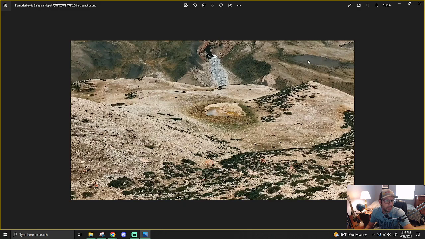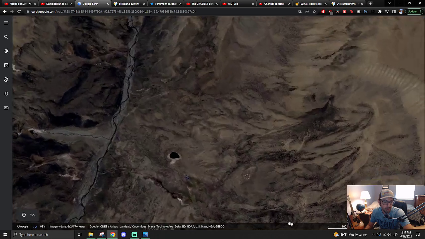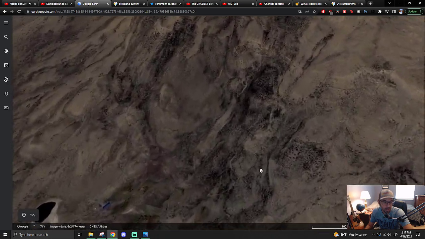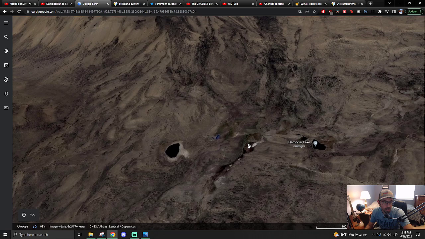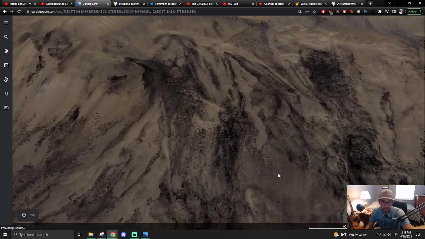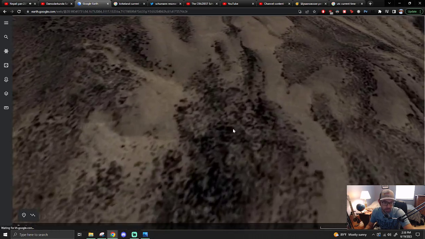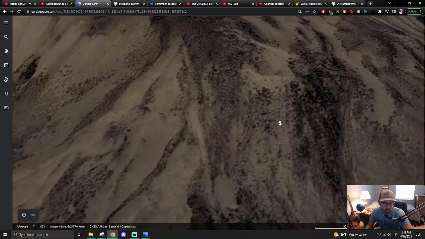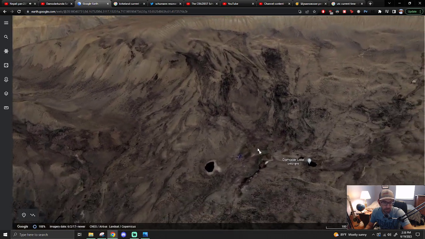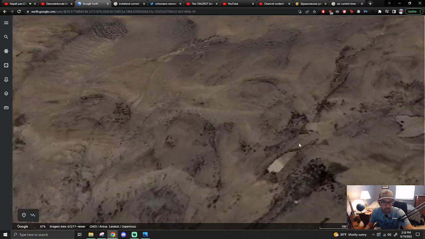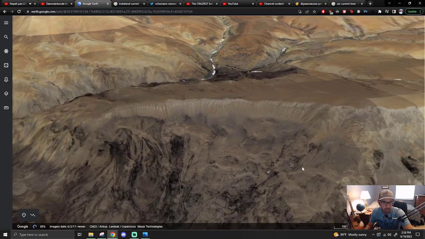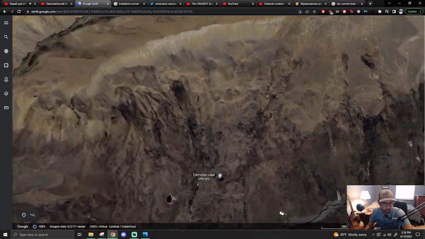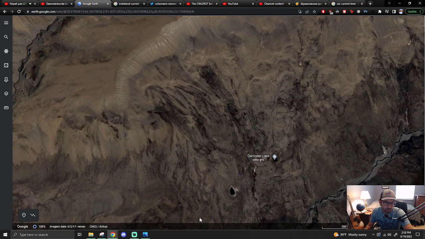There's one of the lakes. Not sure what this is exactly, where it is exactly. It could be pretty much anywhere. Probably a relevant point, like along this trajectory.